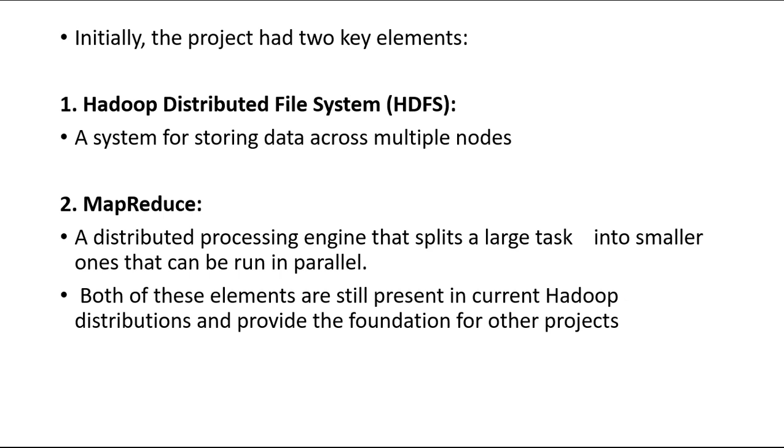Second one is MapReduce, a distributed processing engine that splits a large task into smaller ones that can be run in parallel. MapReduce, its name represents that we have to split the data and reduce the data using map. Both of these elements are still represented in current Hadoop distributions and provide the foundation of other projects. It is a system that breaks big tasks into smaller parts and runs them at the same time.